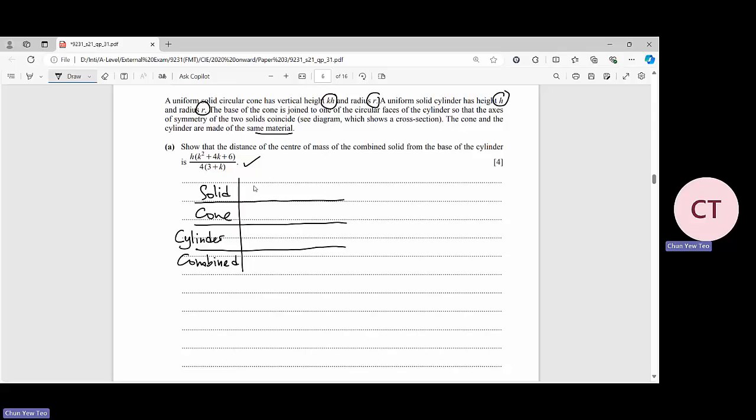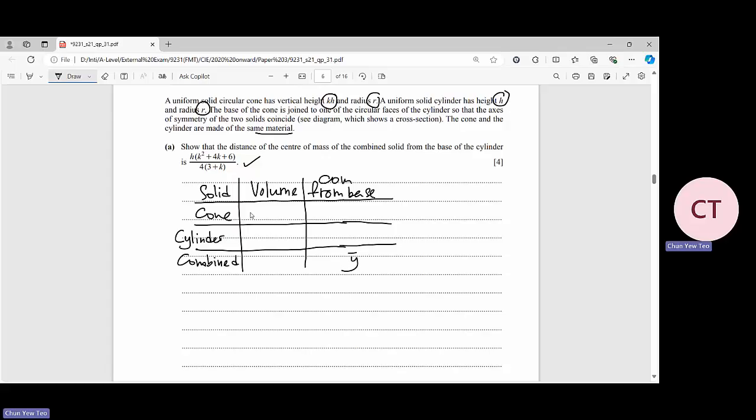Okay. Since they are having a same material, we just need to consider the volume. No need to use the mass. So we need to find the center of the mass from the base of the cylinder. So we're looking for bar y.